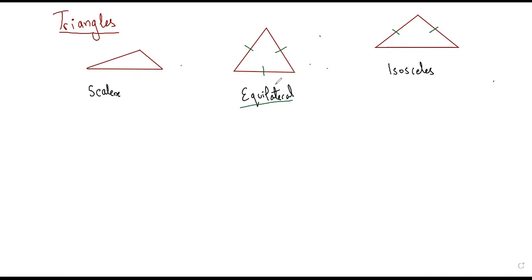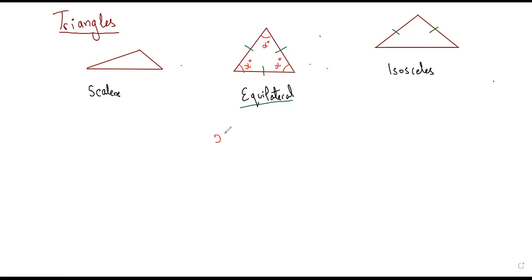Now I'll talk about the angle side relationship. Okay, we are not talking about triangles, we are talking about angles. Okay, in an equilateral triangle, if any triangle has all sides equal, all the angles are going to be equal as well. And we know that sum of angles in a triangle is 180 degrees. So if all these angles are equal, this is x, this is x, this is also x.